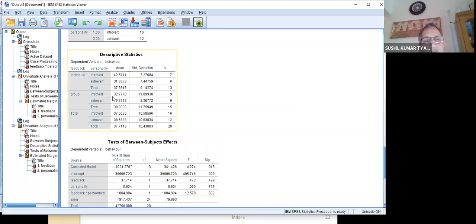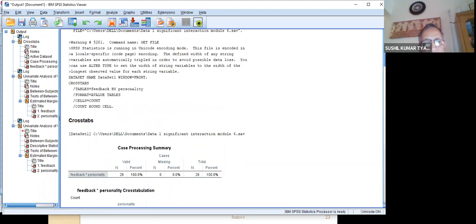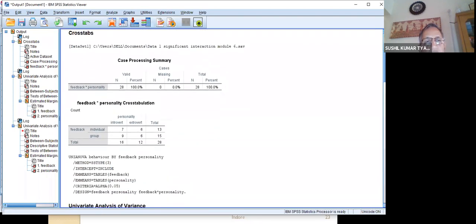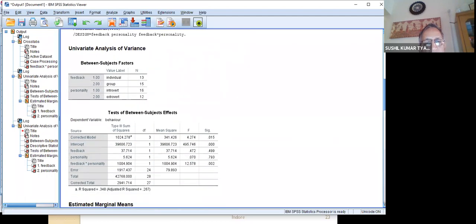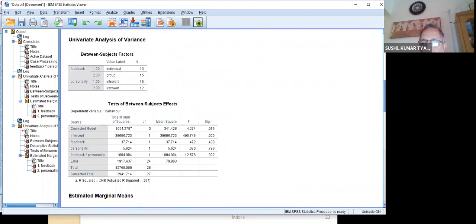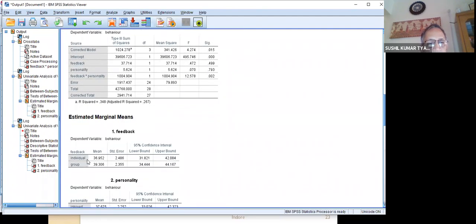For individual feedback, 37.38. For group feedback, 38. For individual feedback, we are comparing these two. For individual feedback, we have 36.952.